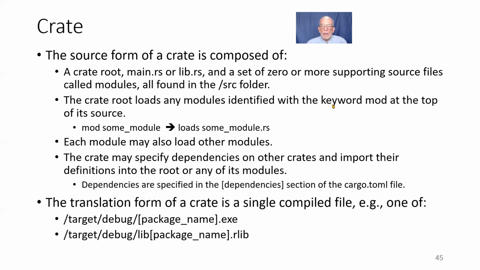So the crate root loads any modules identified with the keyword mod at the top of its source. And then each lower level module can load other modules in the same way, declaring a mod file name at the top. And the crate can also specify dependencies, and this is where things get interesting.